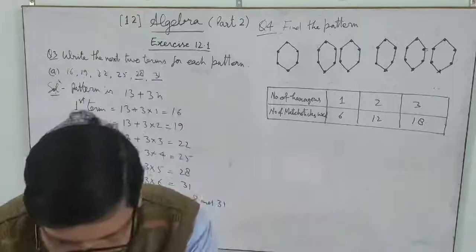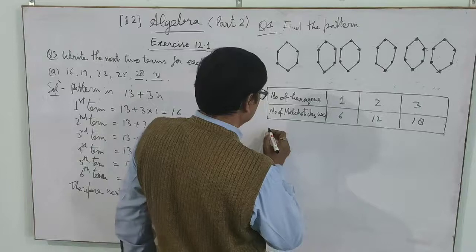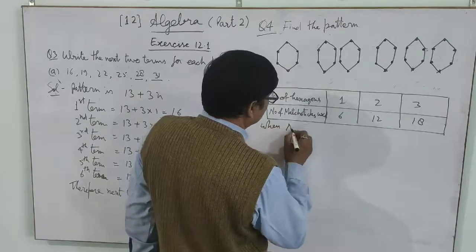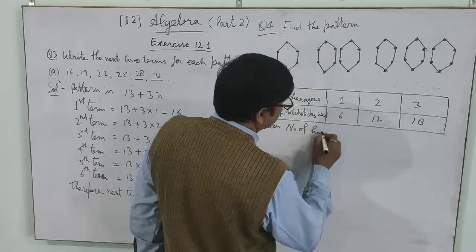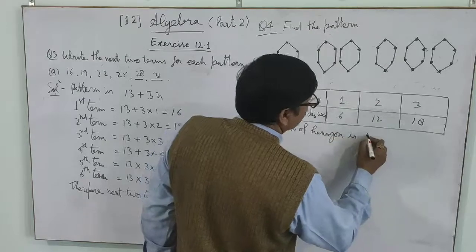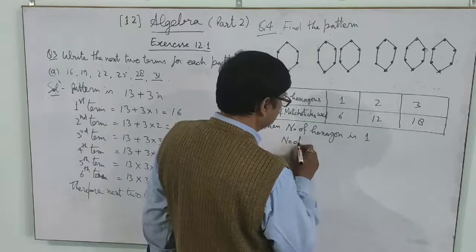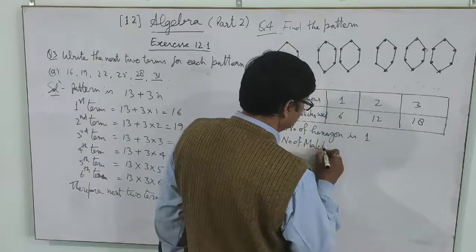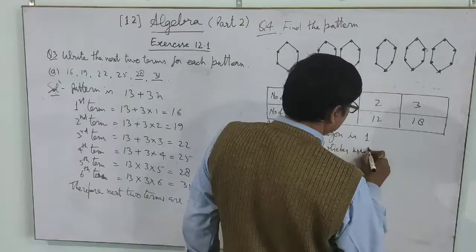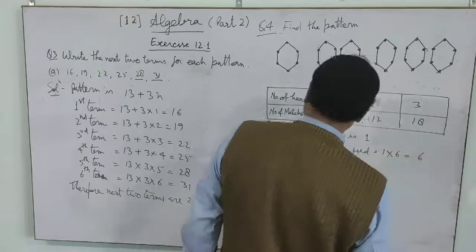The pattern is: when the number of hexagons is 1, the number of matchsticks used is equal to 1 into 6, which is 6.